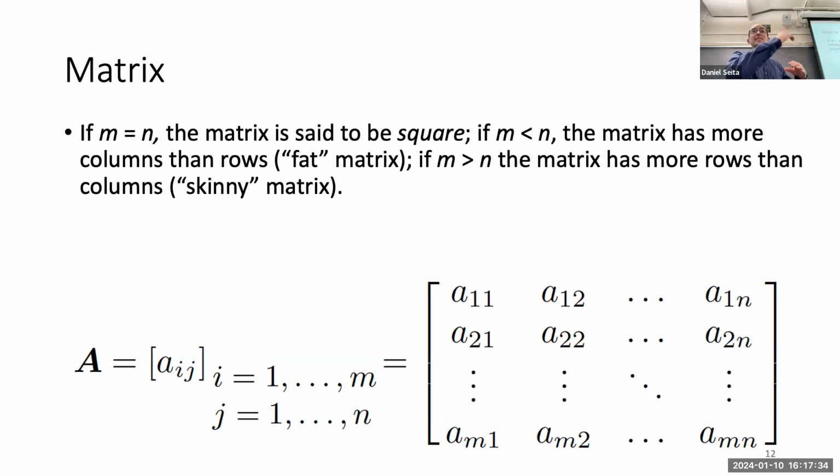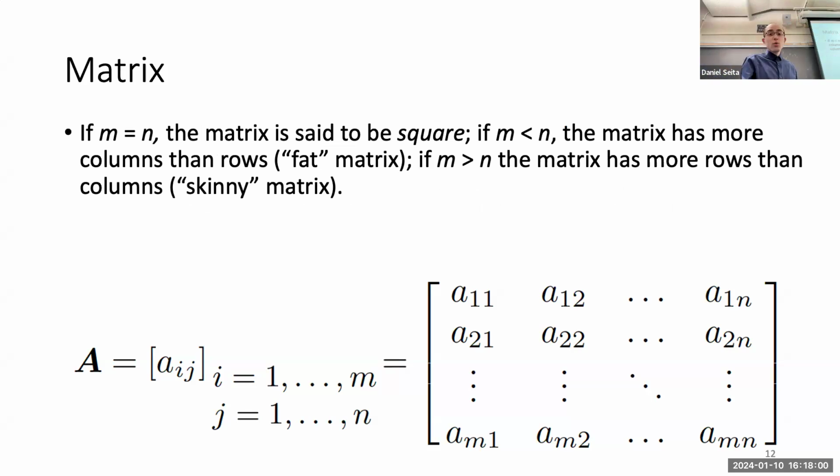If m is the same as n, then the number of rows is the same as the number of columns, so we call that a square matrix. If m is less than n, then there are more columns than rows, so it stretches out horizontally. That's why we sometimes call it a wide or fat matrix.